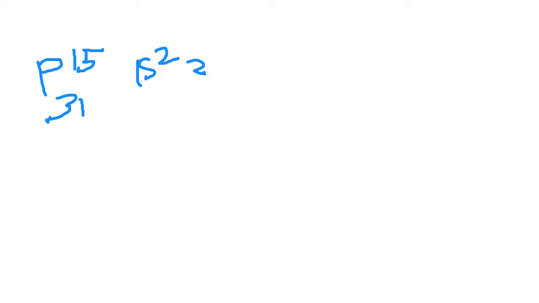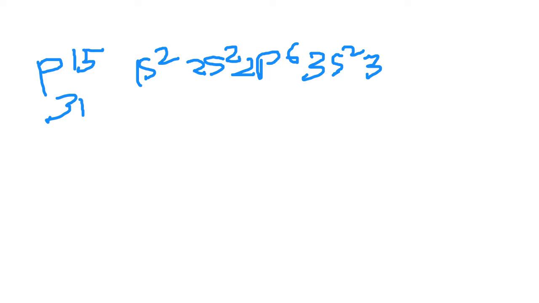You can also get the same thing from the periodic table, but you need to know how to translate these things. 2p6. So this is 15, correct? We know the s orbital is always maximum 2. So 3s is 2. Now count how many: 2 plus 2 is 4, 4 plus 6 is 10, 10 plus 2 is 12. So still we have 3 more. So we will write 3p3.